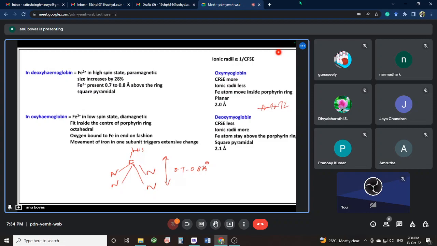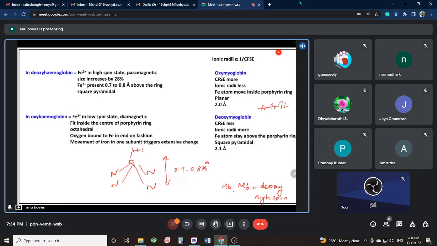But for easy memory and so you do not get confused, I will tell that whenever iron is in high spin state in deoxygenated form, whether it is myoglobin or hemoglobin, in deoxy form we saw it is high spin state.